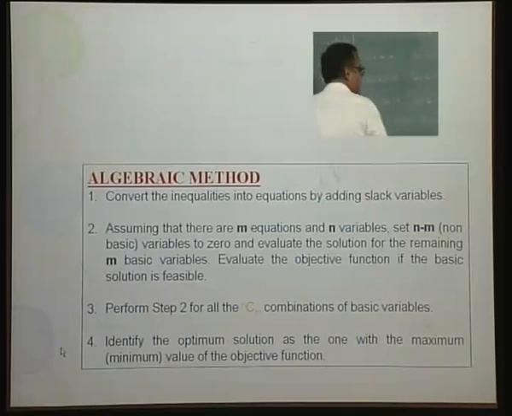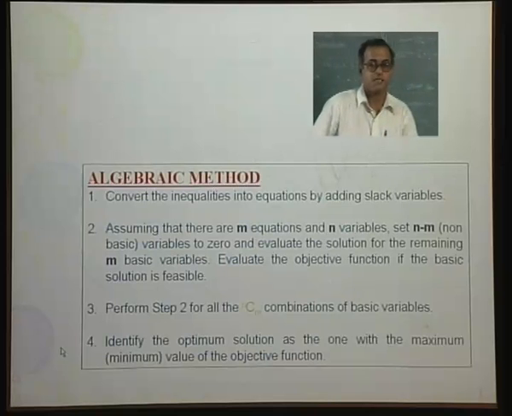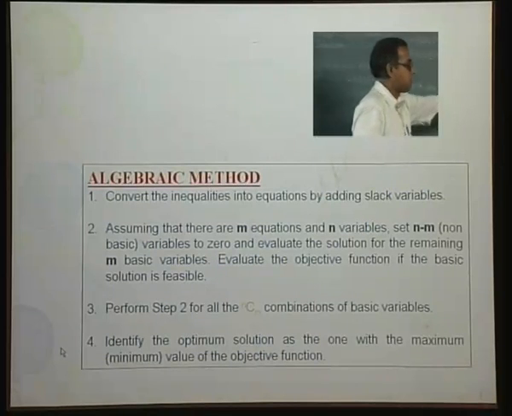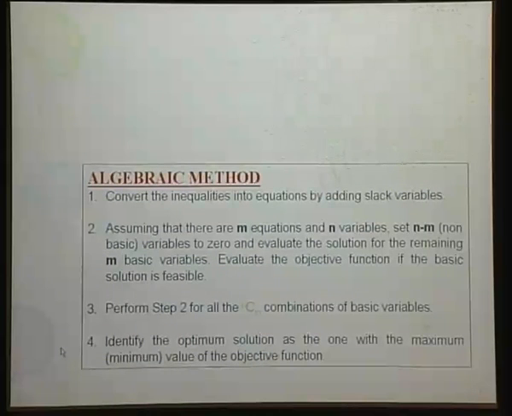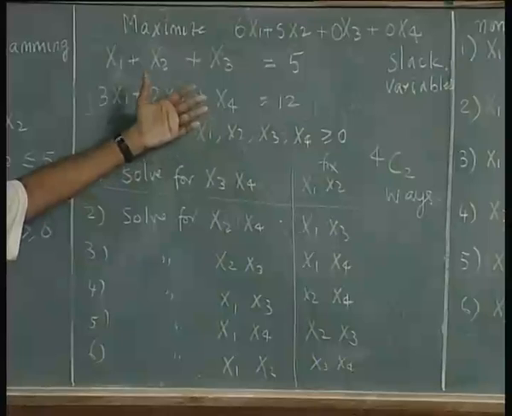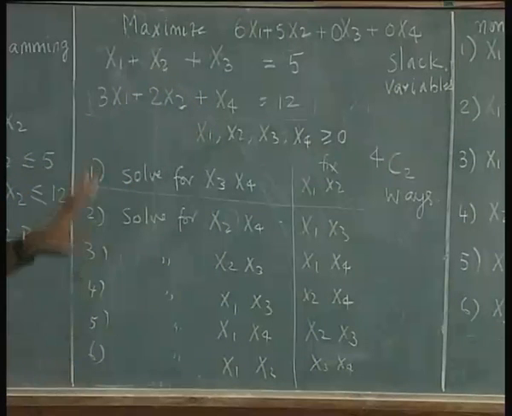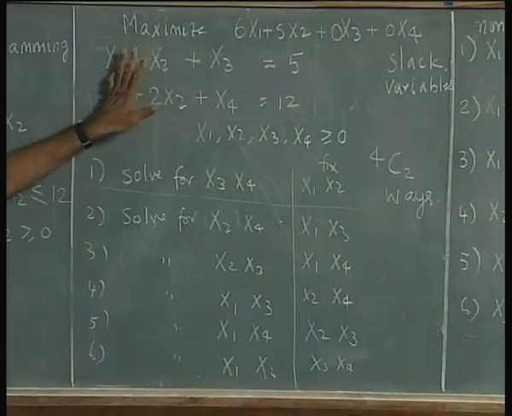We said the graphical method is very good when we solve for 2 variables. We now realize the algebraic method can be used to solve for any number of variables and any number of constraints, provided we are able to solve the linear equations.